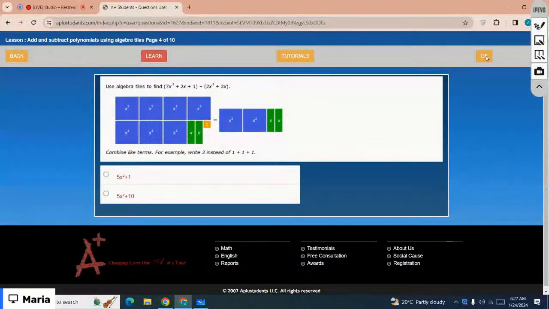Use algebra tiles to find 7x square plus 2x plus 1 minus 2x square plus 2x. So which is the correct option?